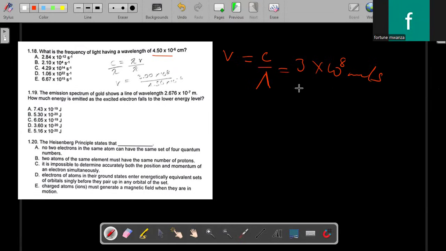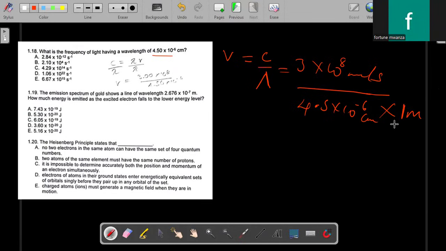This is the speed divided by the wavelength. So we've been given the wavelength to be 4.50 times 10 to the power negative 6 centimeters. So this is in meters, this is in centimeters. You can change your units there from centimeters to meters by simply multiplying with the conversion factor.